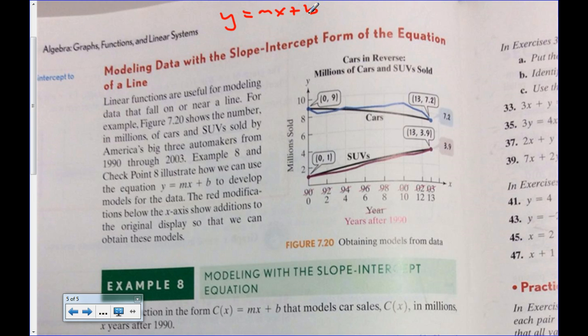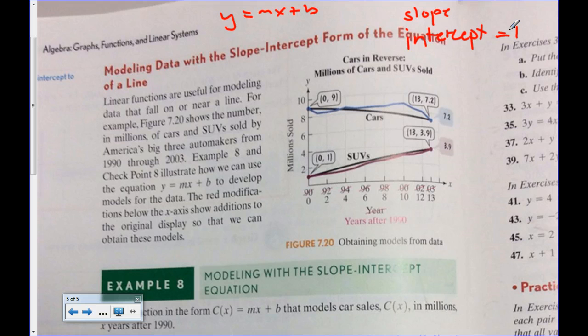What two things do I need to find? Slope. Slope is one of them. And what else do I need to find? The intercept. Okay? By looking at the graph, you can find the intercept right away. What is that for SUVs? 1. Okay? It's at 1.